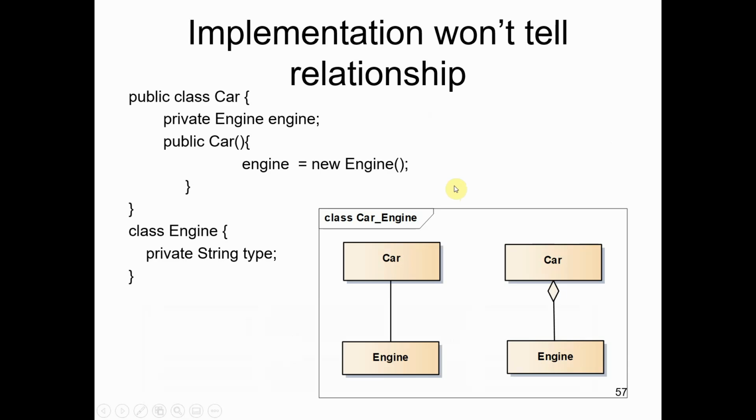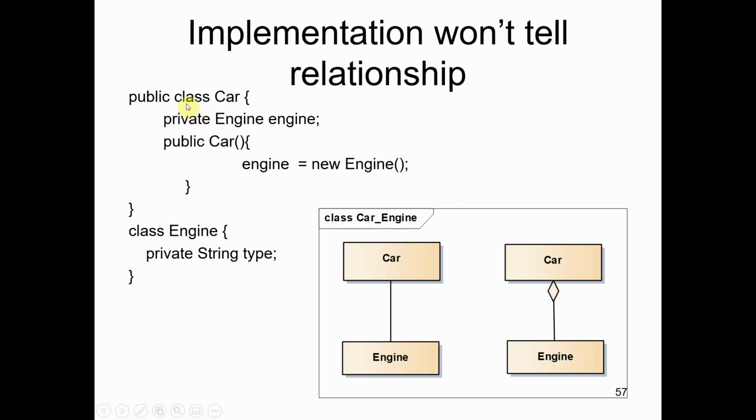Okay, so here it tells you that from the implementation point of view, if you do the reverse engineering, you will lose some relationship information because you cannot tell from the implementation whether these two classes have an association or aggregation.